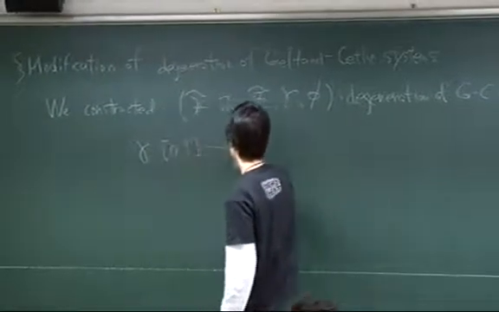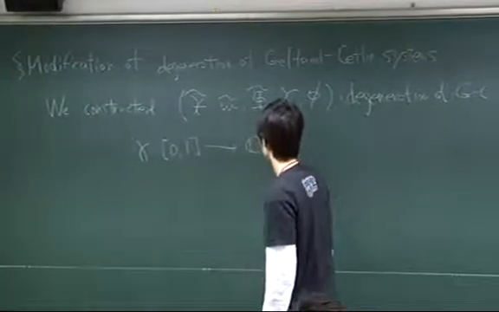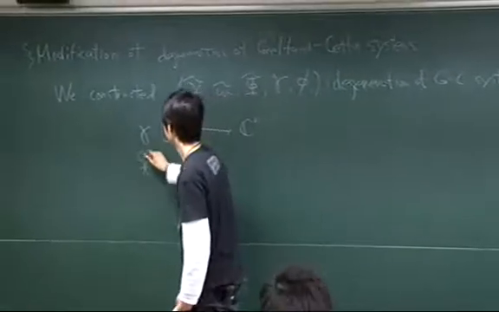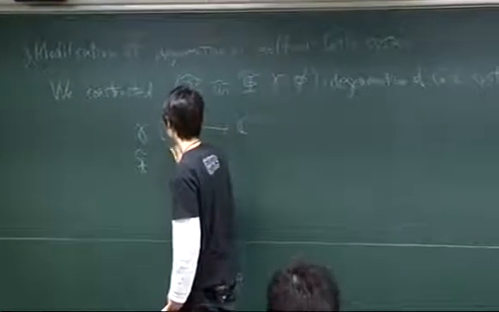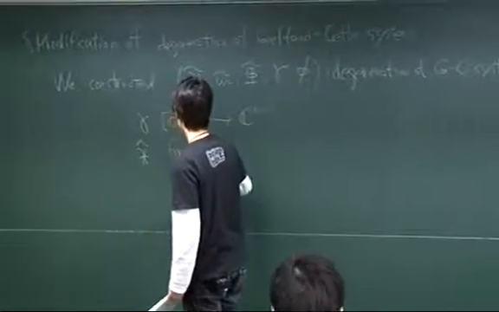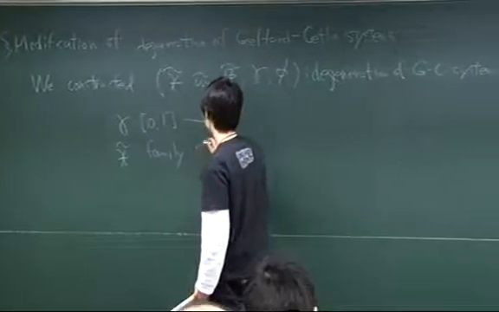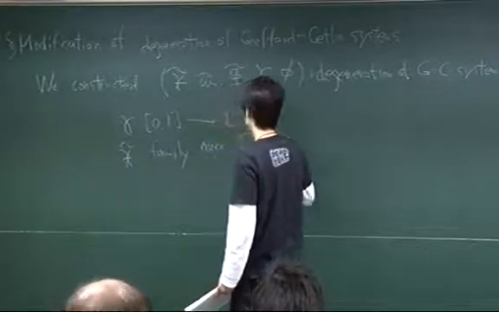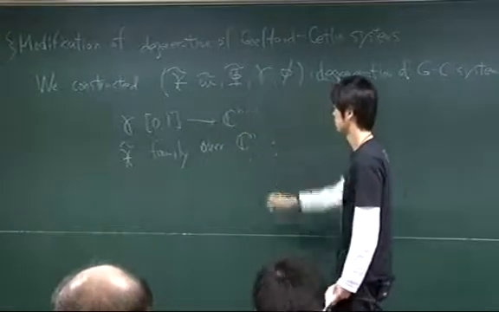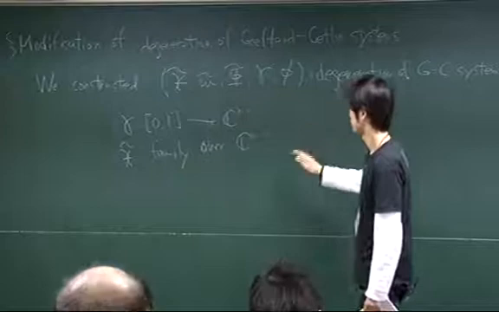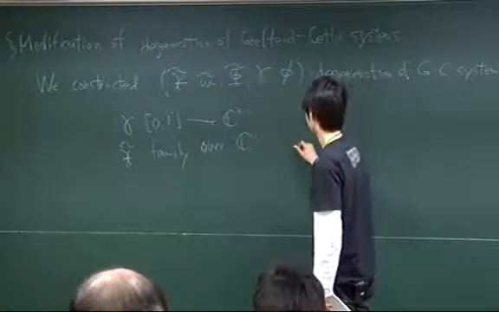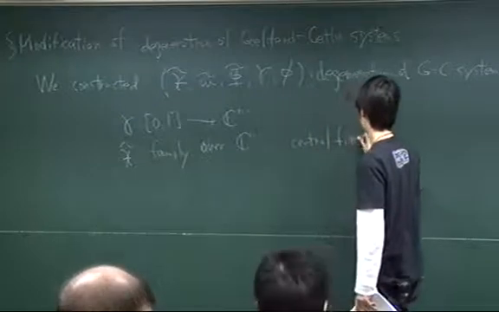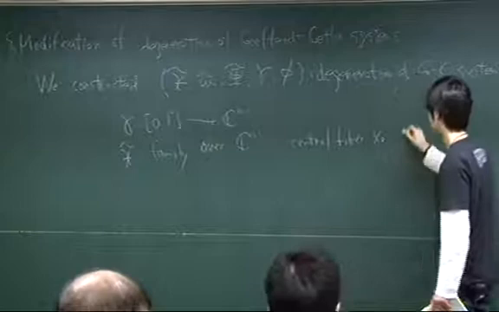It was a piecewise linear path to the complex vector space or affine space, and tilde was a family where the generic fibers are flag varieties, and a special fiber, the central fiber, X0, was a Gelfand-Cetlin toric variety.